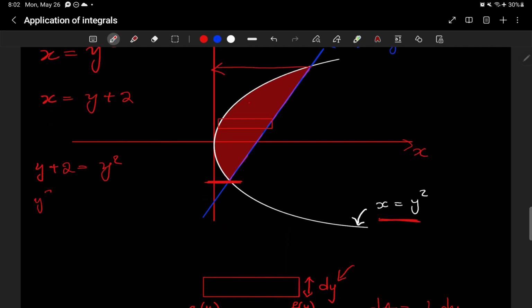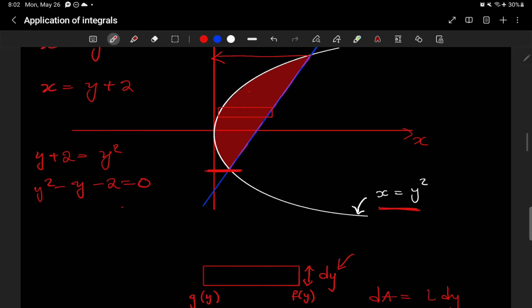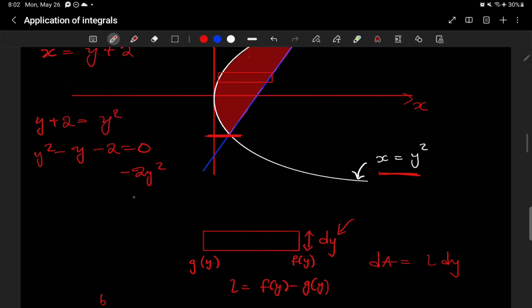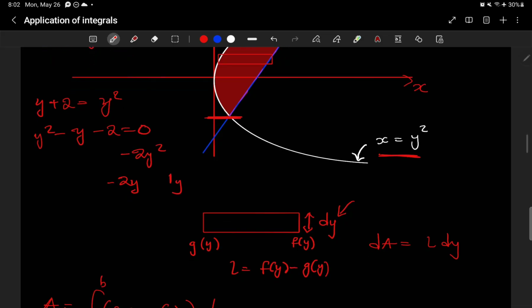So I can say y squared minus y minus 2 is equal to 0. Using product and sum, I'm dealing with minus 2y, and the two factors here will be minus 2 and 1. Yes, when you multiply this, you get minus 2y squared. When you add these, you just get minus y.